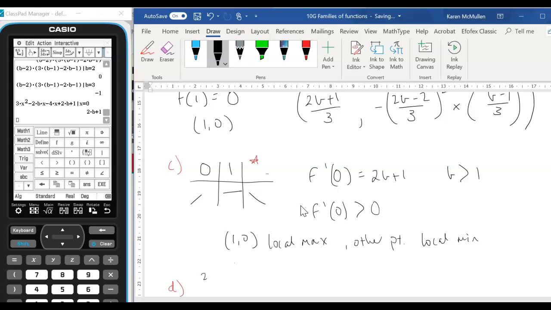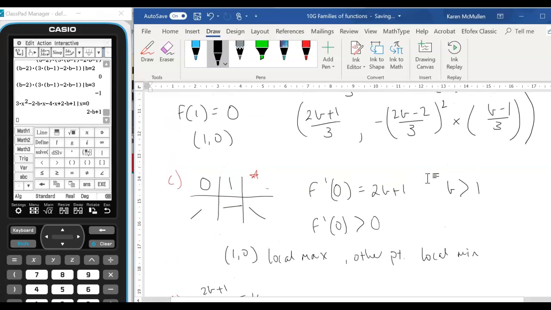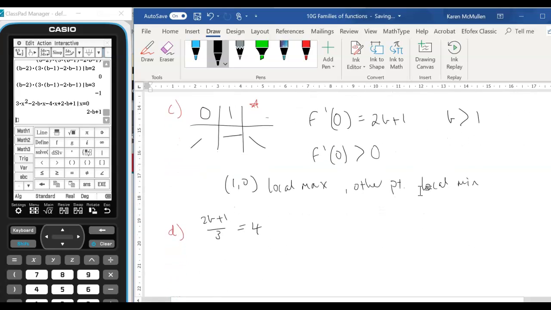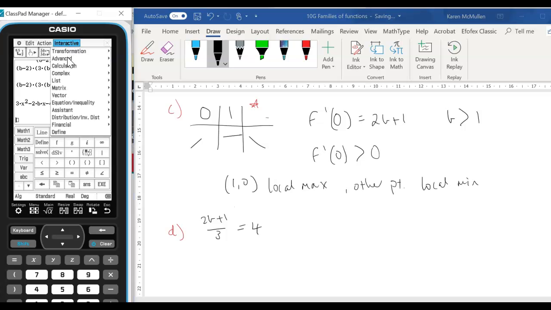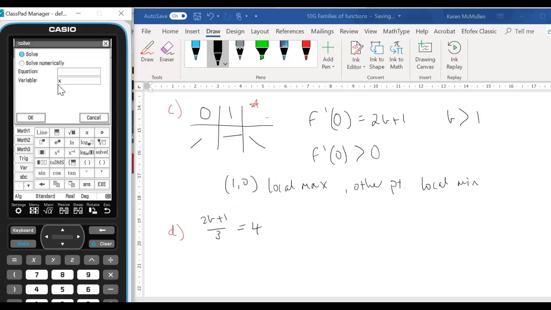And when I was checking the answers with the textbook, we only need the x coordinate because x equals 4. They actually factorized this into a cubic, so probably could have factorized it a bit better. But anyway, so let's solve this. So solve, and we're solving for b.